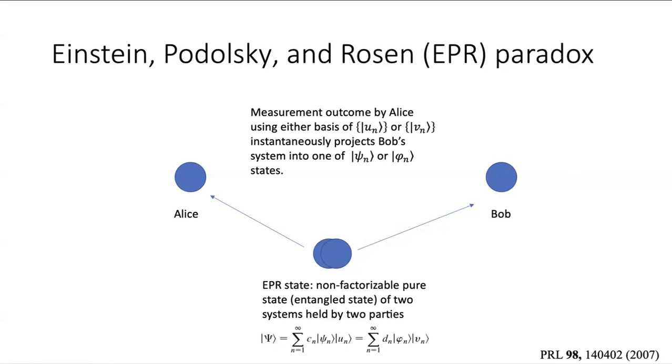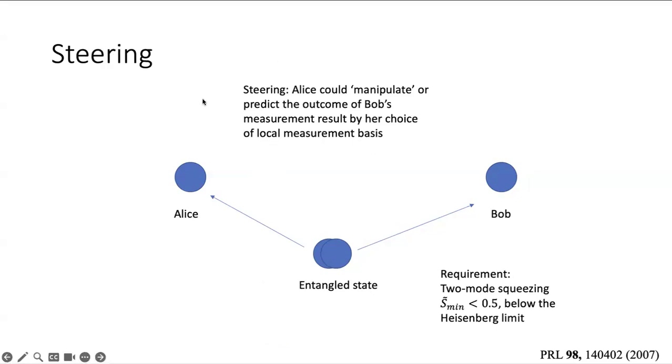If these two particles are really quantum entangled, then depending on the choice of basis Alice chooses, she can choose to measure, say, in the basis of U, and depending on the measurement outcome, she can immediately know what the measurement outcome of Bob's would be. This is a very interesting situation called steering.